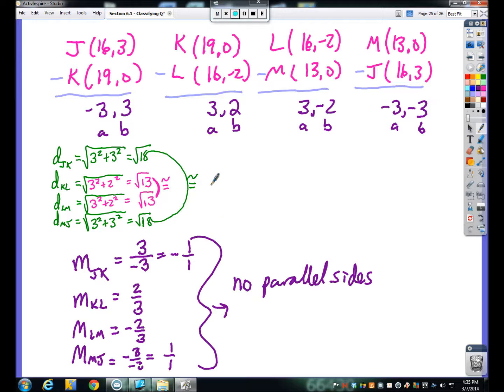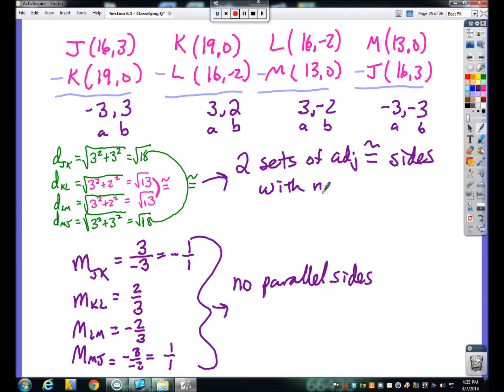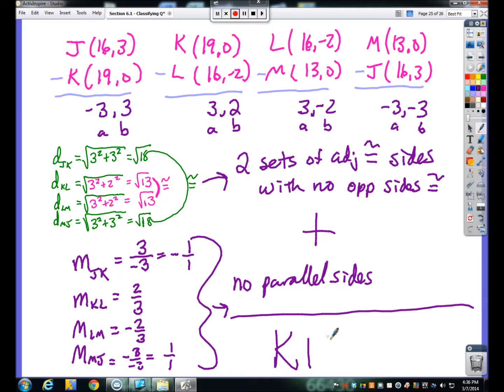And so up here, we had two sets of adjacent congruent sides with no opposite sides congruent, plus no parallel sides equals, this has got to be a good old kite.